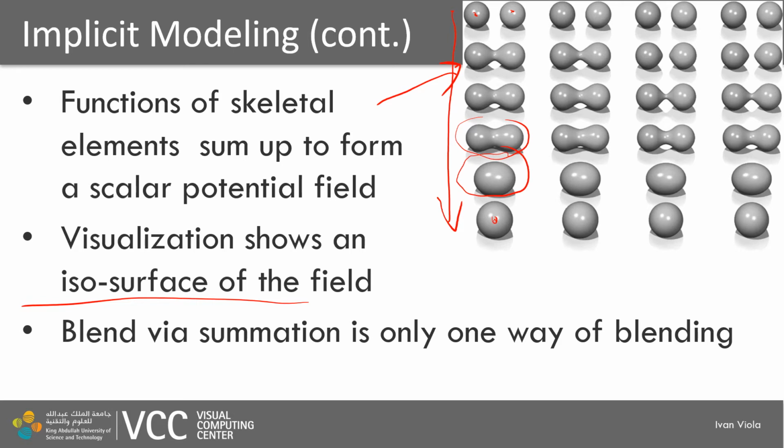Because we are summing up the functional values of both of these points, and therefore the value at each position will be the sum of these 2, so it will be higher than each element separately, as it was at the very beginning when we had the 2 points too far away from each other.